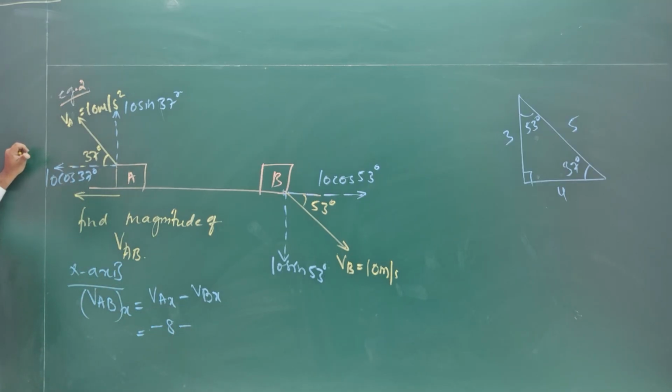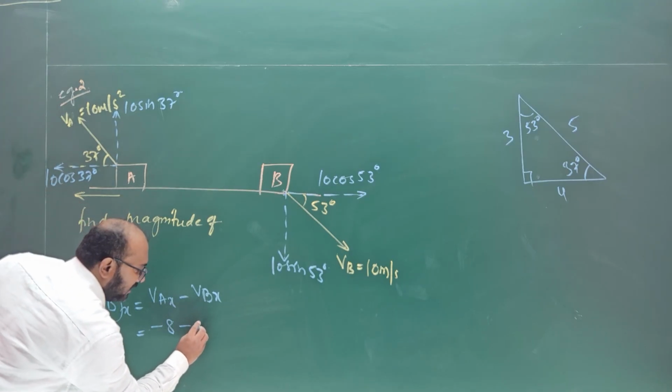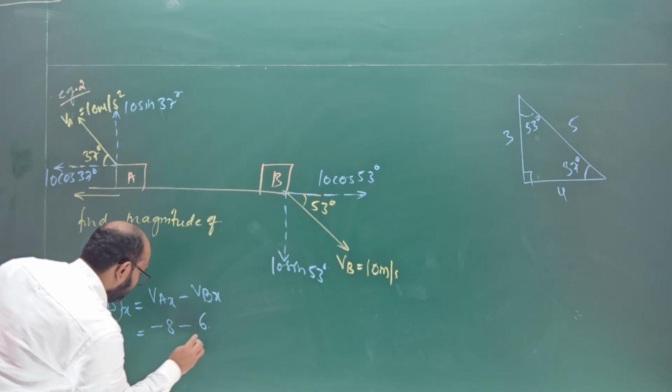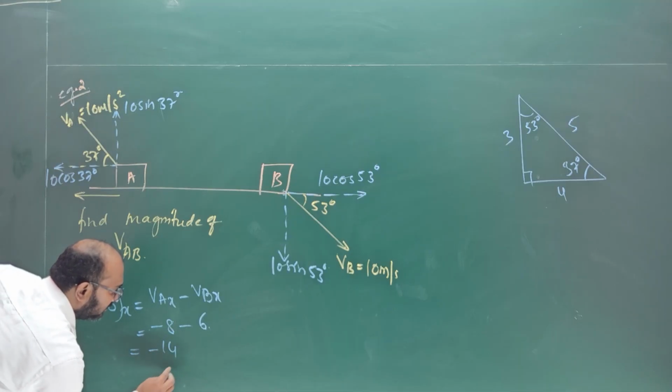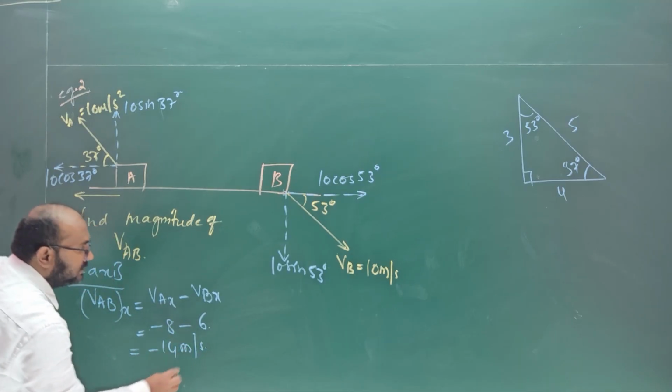Minus of VB, which is going in that coordinate, that means positive. So positive means what? Positive 10 cos 53. Cos 53 is nothing but 3 by 5. Can I say 6? Okay. So minus 8 plus 6, can I say that is nothing but 14 meter per second.